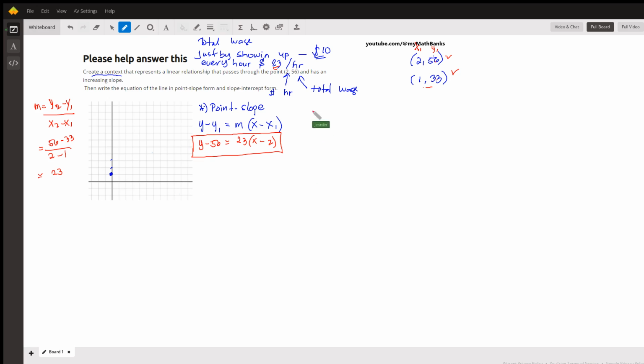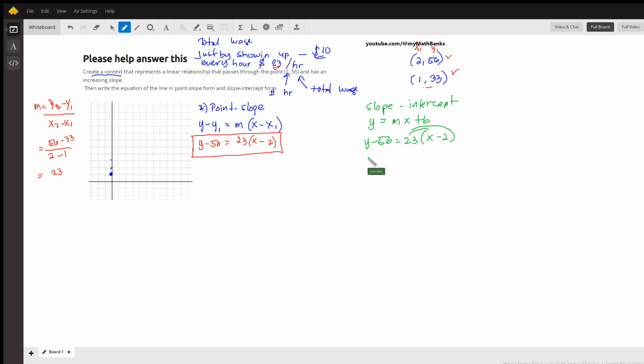Now if you want slope intercept form, well, the slope intercept form is in this format: y equals mx plus b. You can do that, or you can just use this equation right here. I'm going to use y minus 56 equals 23 times x minus 2, and I'm just going to distribute that.